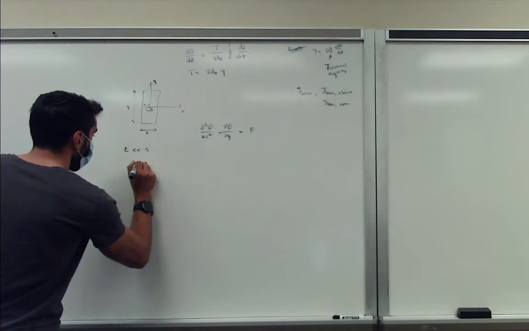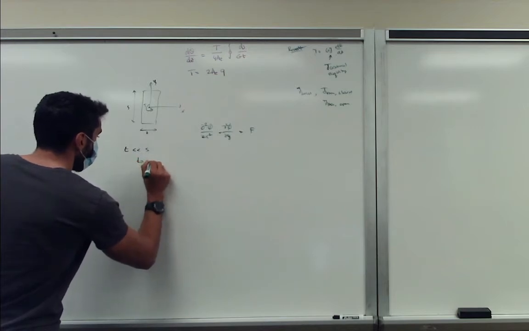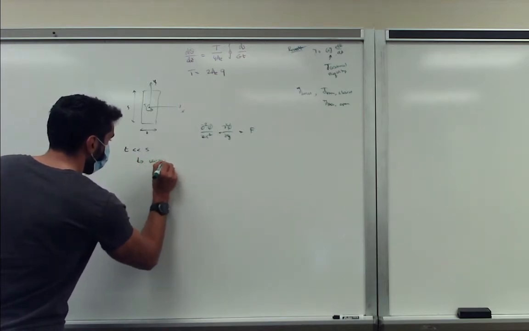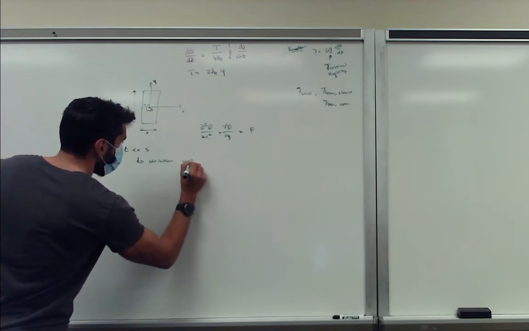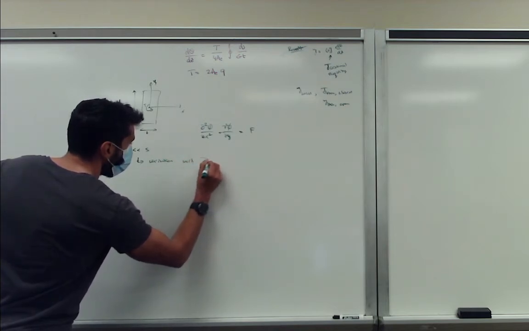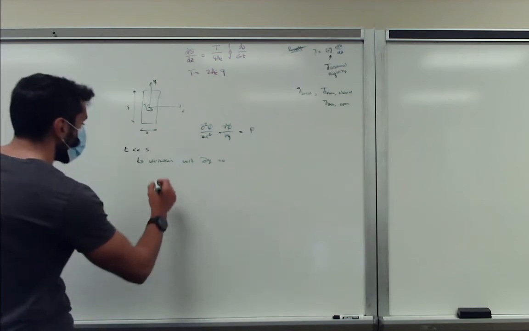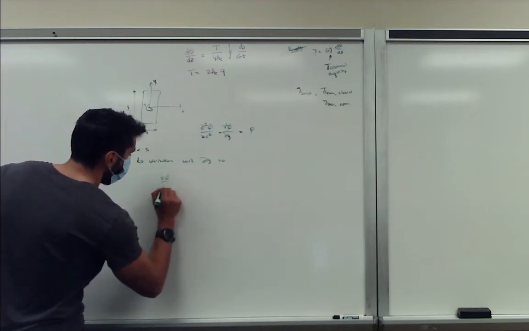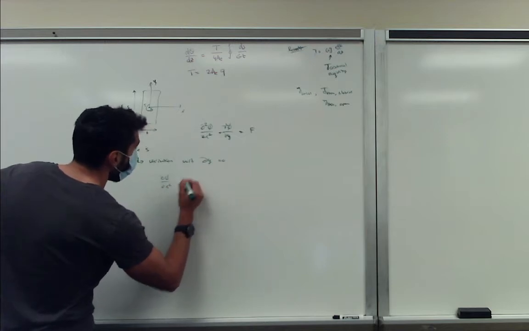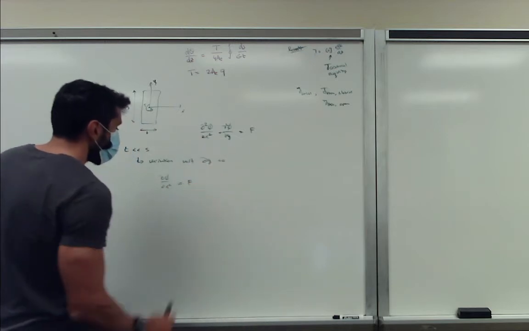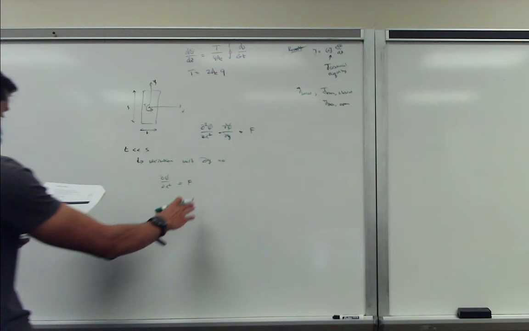So we can assume that our variation with respect to partial y is not changing. So what that implies is that our equation becomes this. Now we could rewrite this.